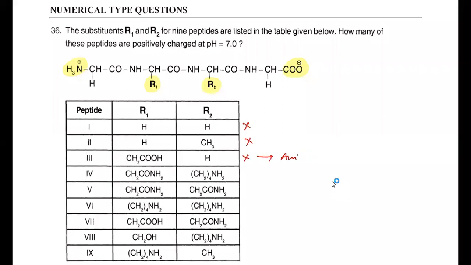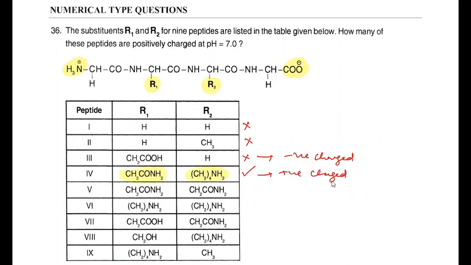As per the question, we will write it is negatively charged. Next here is a basic side, so it will certainly be positively charged because of this group. And the other group is also not acidic, which cannot give H plus, CH2 whole 4 NH2, so it will remain in the positive form.